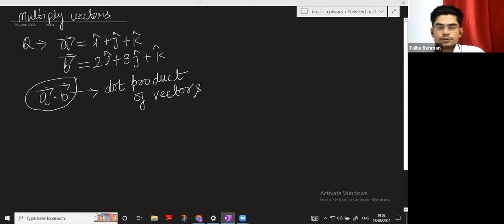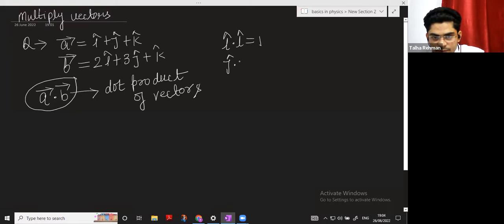So what we will do in this, if I multiply I cap with I cap, then I will get answer 1. Similarly, if I multiply j cap with j cap, I will get answer 1.